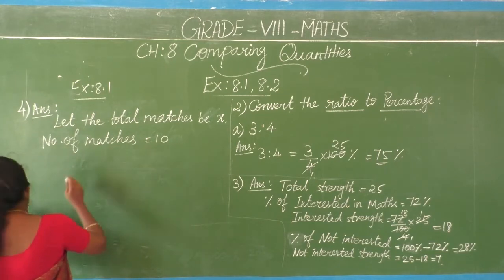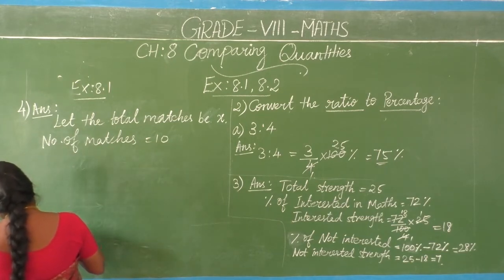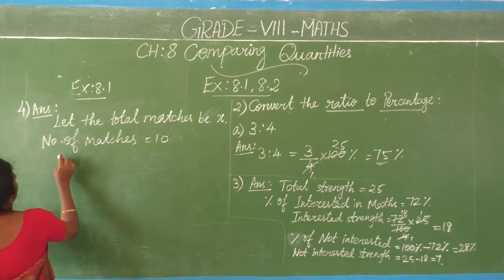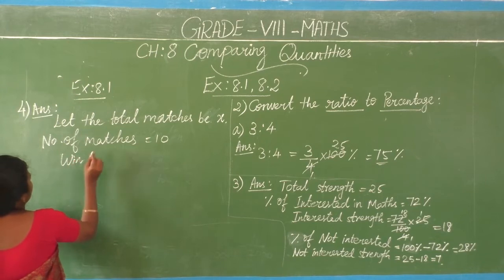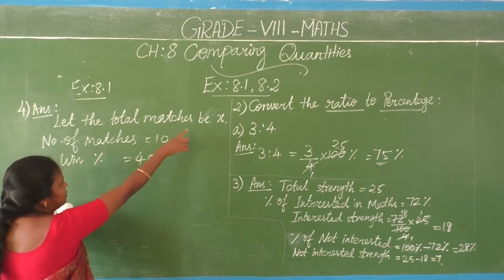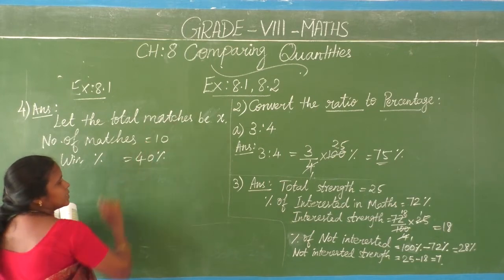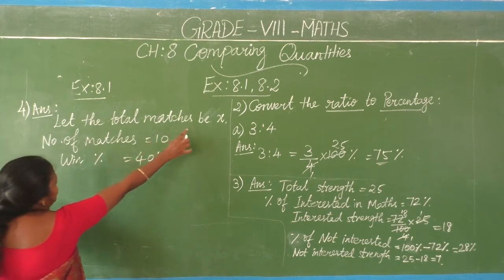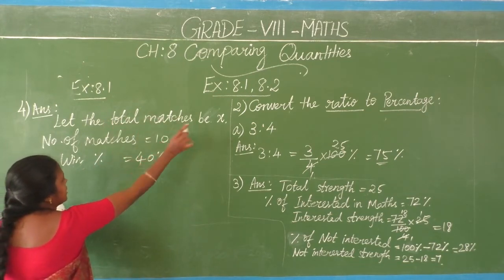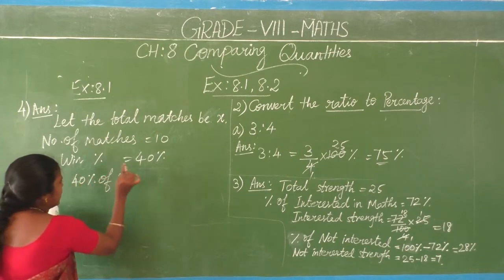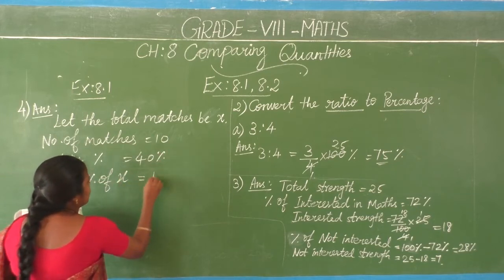This is given in percentage level. Win percentage is 40. That means 40% of the total matches is 10. So we considered the total as X. How do you write here? 40% of the total matches X is equal to 10.